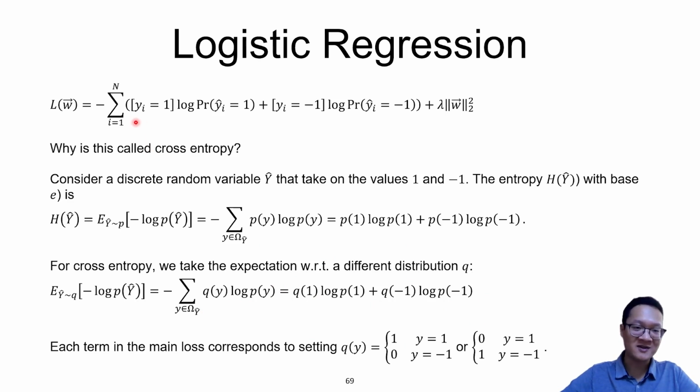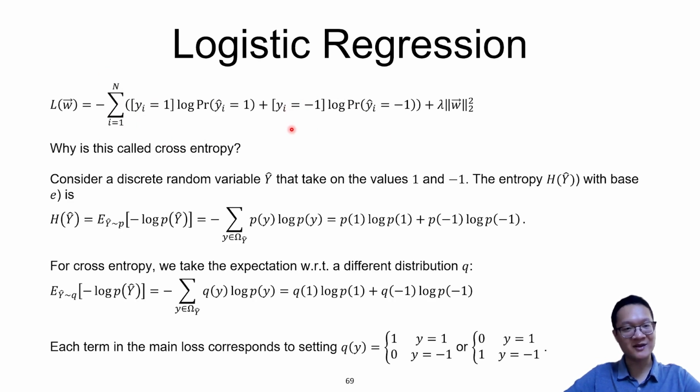If you look back at the loss function, we know that for every data point, the label is either going to be 1 or -1. So in every term of this sum, only one of the terms that we're adding together is going to be 1. For example, if the label is 1, then yi equals 1, this indicator function evaluates to 1. And the other indicator function, yi equals -1, evaluates to 0, so you don't get the second term. So every term of this summation will only contain one of these.